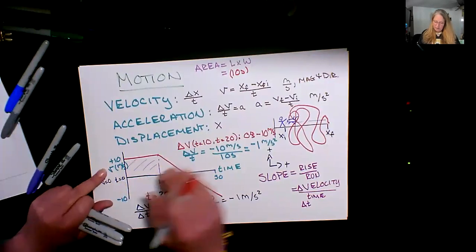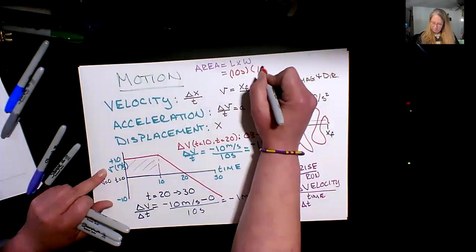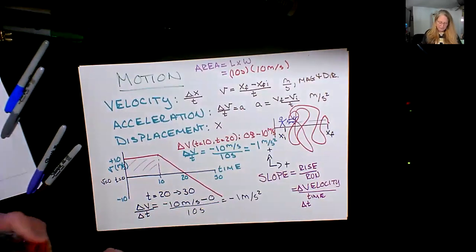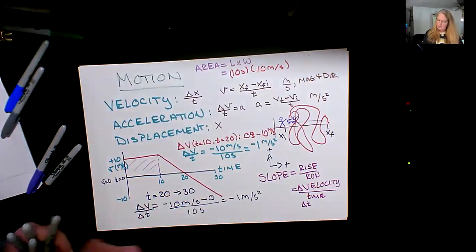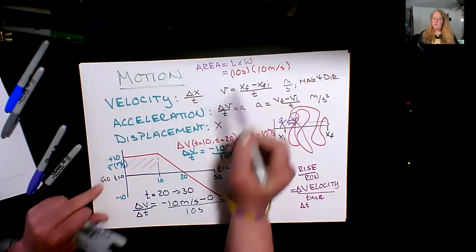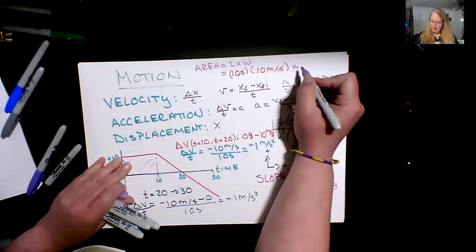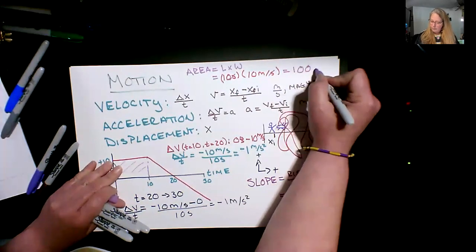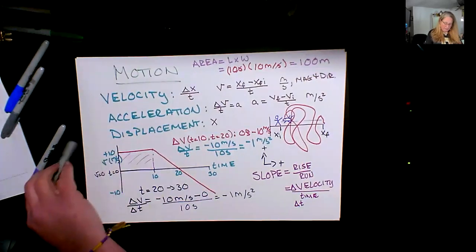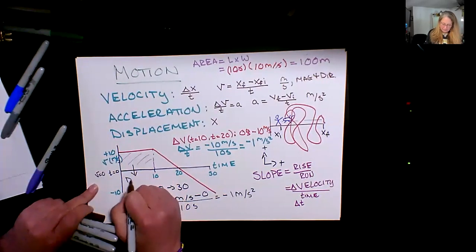So this one here is 10 meters per second. What happens with units there? I have a second on the bottom and a second on the top. So my seconds cross out. And that gives me 100 meters. Oh. So this area here is my displacement.